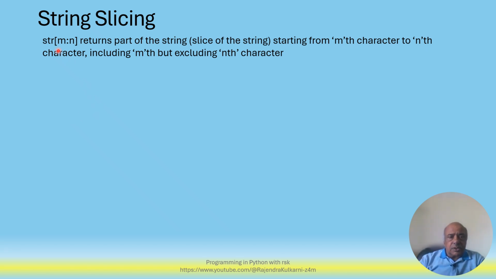When we give this statement in our program, it returns part of the string, or it slices the string starting from the mth index, the character at index m, and up to the character appearing at index n.